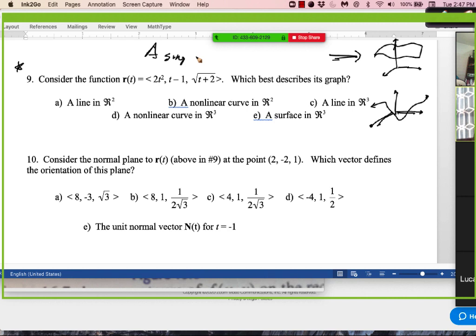A single equation of x, y, and or z. Okay? So a single equation of x, y, and or z is what graphs as a surface in space.